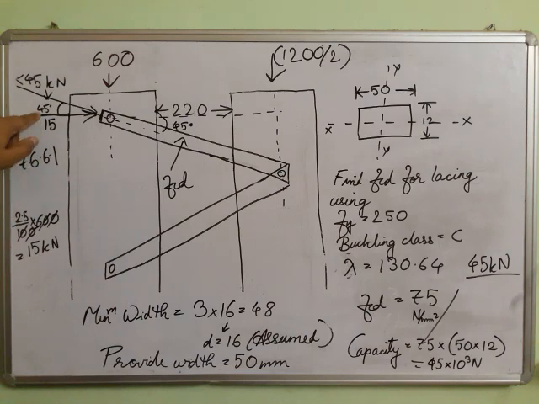So we have to see the component of 15 that is going like this, and that component should be less than 45 kilonewton, because the lacing has a capacity of taking 45 kilonewton. If we resolve it and see that the component of the applied load is less than 45, then it is safe.